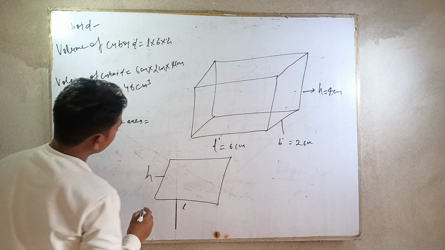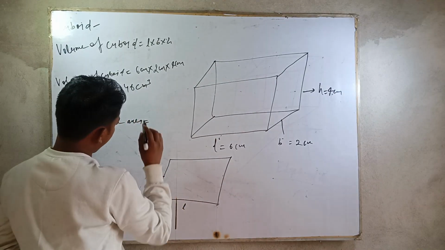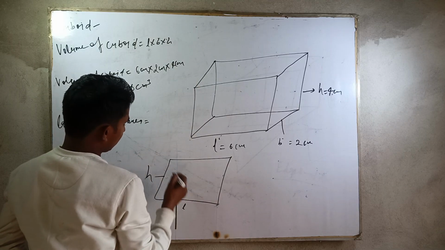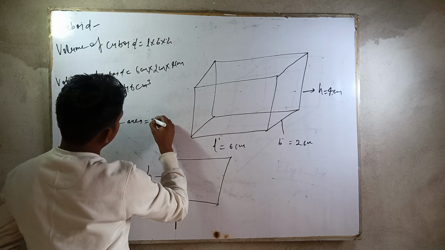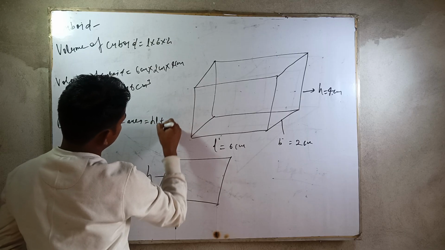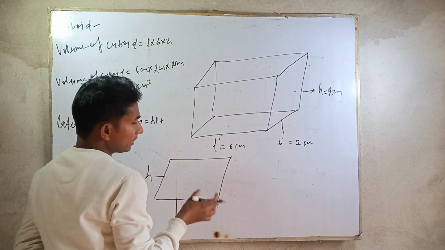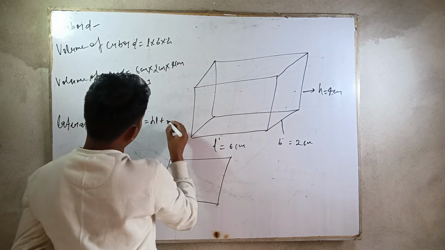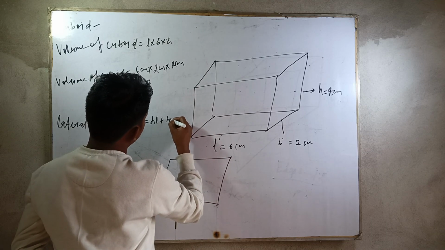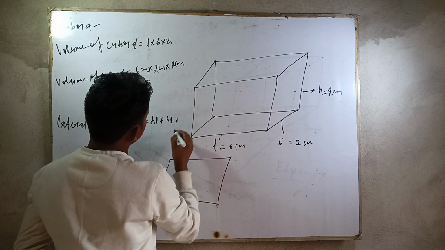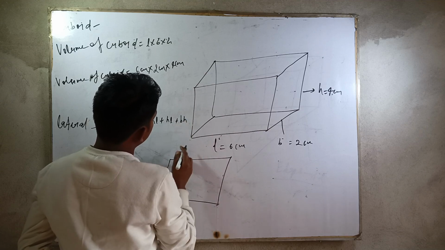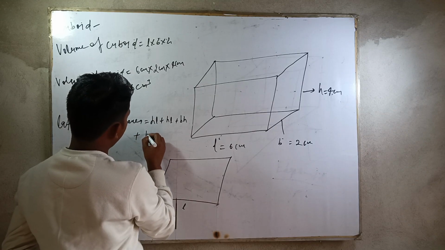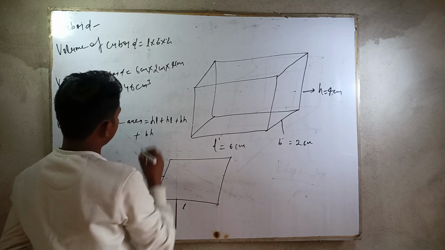Lateral surface area equals h times l on the front, and its backside, the same thing on the opposite side, will also be h l. Next one is b and h, and next one is b and h again.